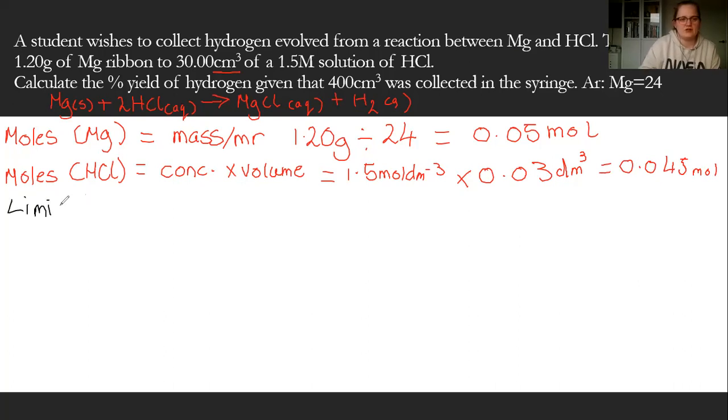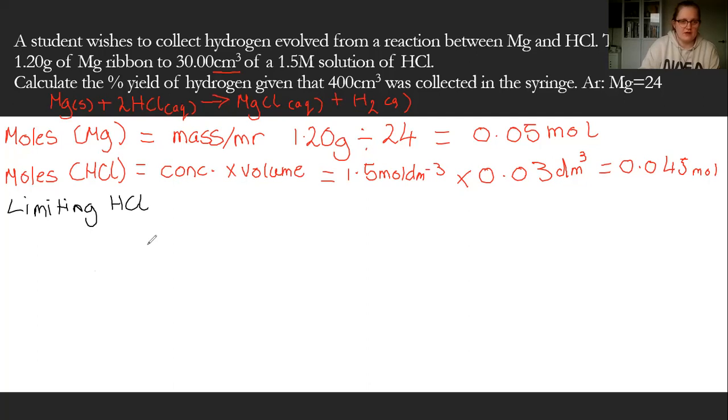Limiting is hydrochloric acid. And we're going to calculate now the moles of hydrogen we have at the end. And we're going to use our ratio of hydrochloric acid to hydrogen.